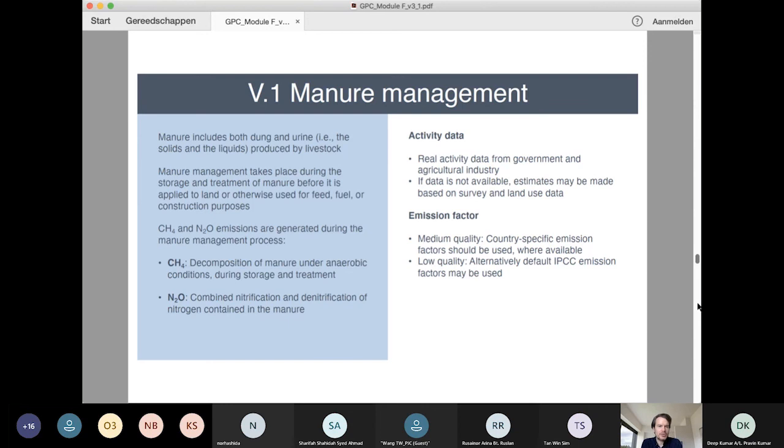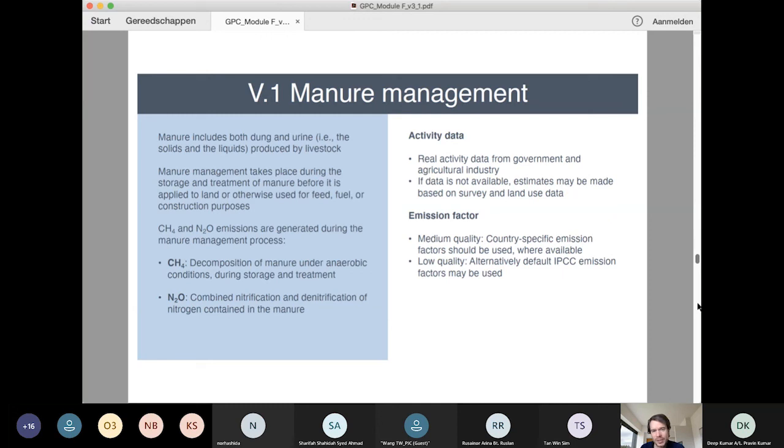And during that management stage, emissions occur because of decomposition under anaerobic conditions and through the nitrification and denitrification of nitrogen contained in the manure. So this is the storage and treatment of the manure once it's been released and before you apply it elsewhere. During that storage, emissions can occur.